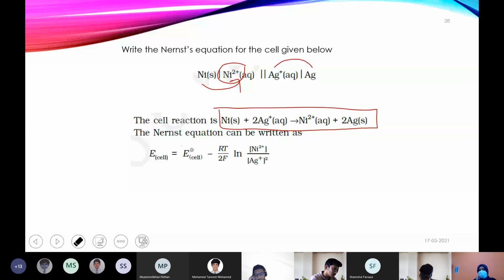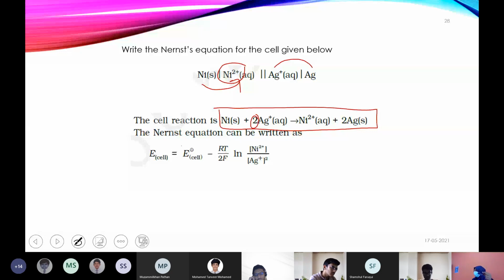That is the concentration of the oxidized species, Ni2+, divided by the concentration of the reduced species, Ag+, but with the square. That 2 has come from the stoichiometric coefficient in the equation. So always when you get a half cell or electrochemical cell like this, write the cell equation and then check; only then can you write the Nernst equation.